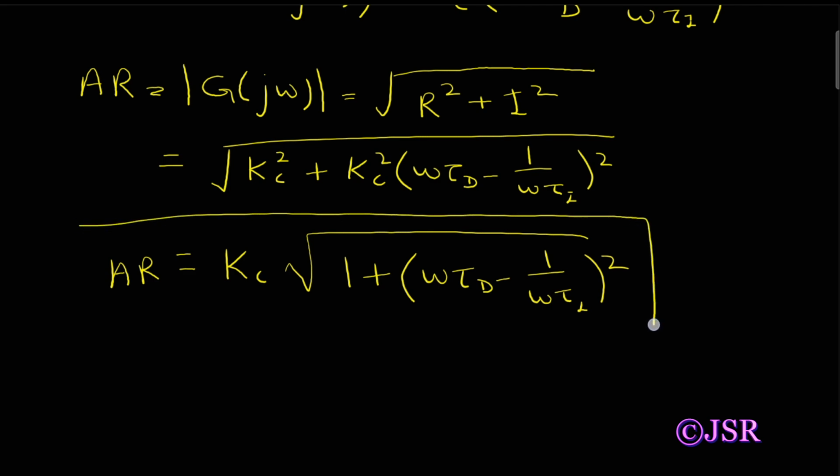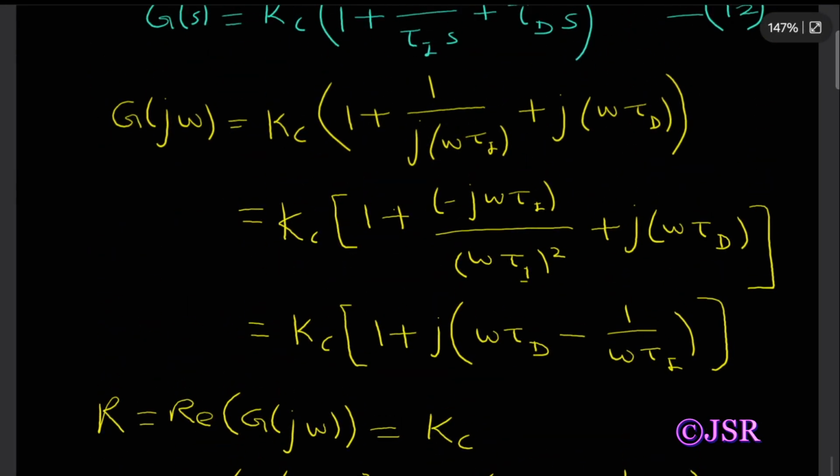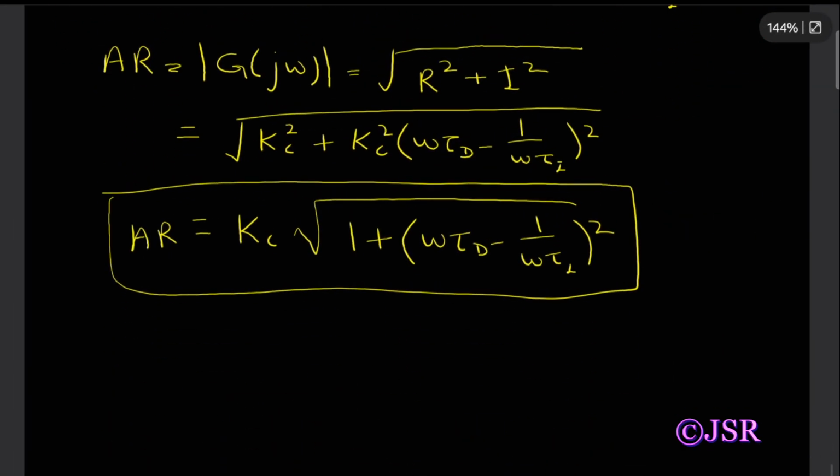So this is the amplitude ratio for the PID controller, and this is equation number 13.